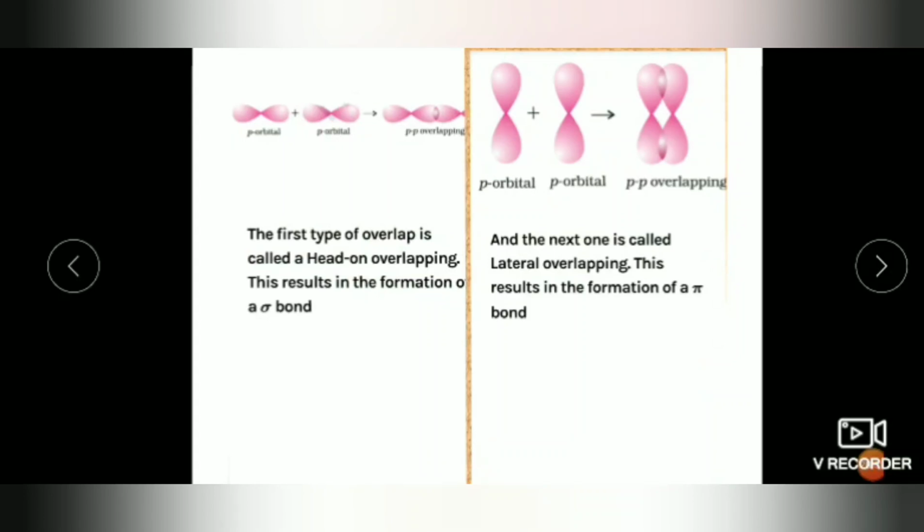Head-on overlap results in the formation of a sigma bond, for example p-p orbitals overlapping this way. If there is a lateral overlap between p-p orbitals, we call it a pi bond. Head-on overlapping gives a sigma bond, and lateral overlapping gives a pi bond.